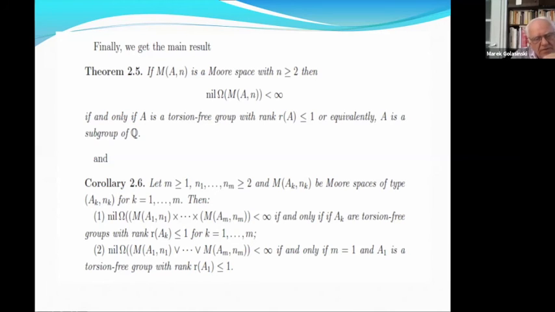And this is a consequence of the result that the nilpotency class of a retract is less than or equal to the nilpotency class of the space we start with, and of course we also use the main result about the nilpotency class of Moore spaces.